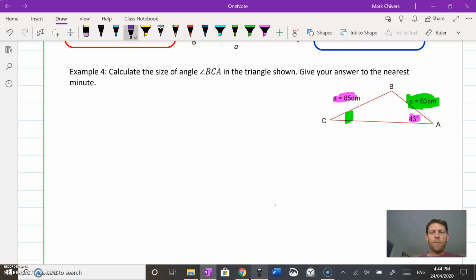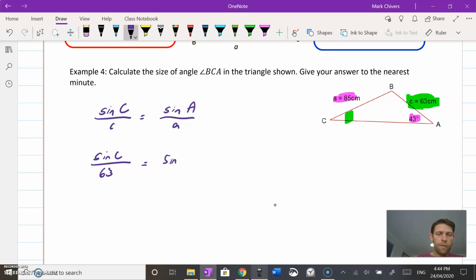Remember, we want the thing that we don't know first in the top left, and in this case that is the angle C. So we're going to have sine C on C equals sine A on A. And then we just substitute in what we know. Sine C we don't know, but we do know that C is 63, and sine A is going to be sine 43, and the length of A is 85.